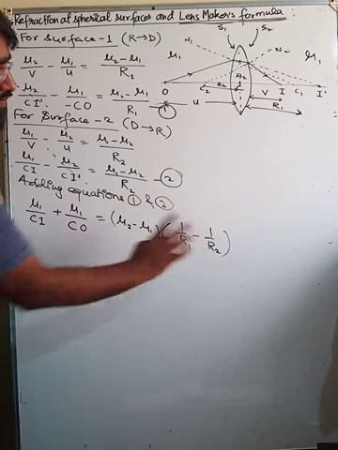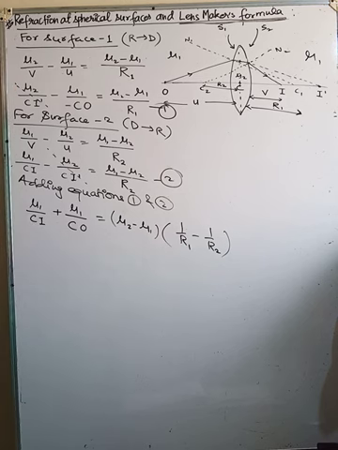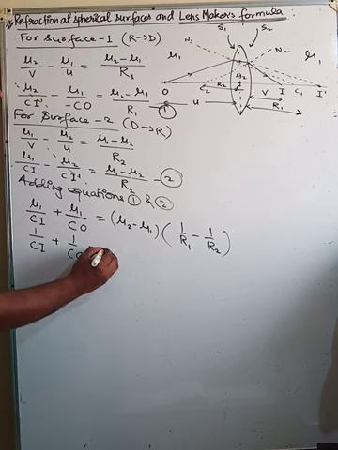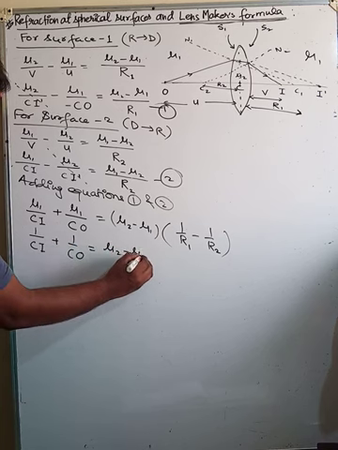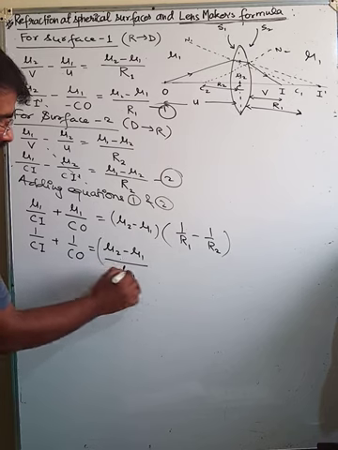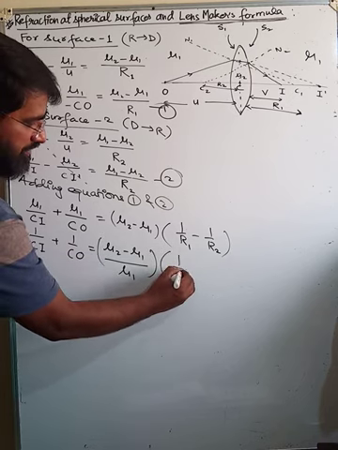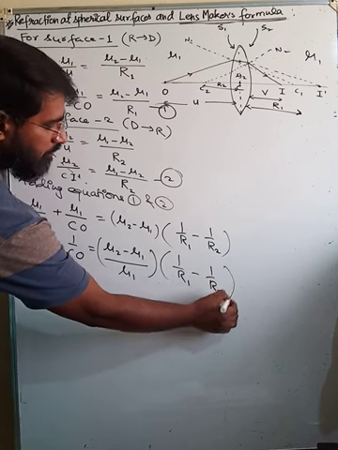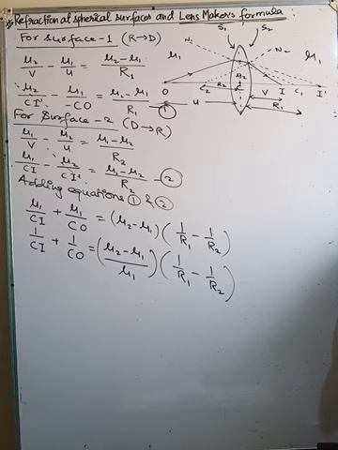Now mu1 and mu1 will be taken outside and divided. So we are left with 1 upon CI, 1 upon CO is equal to mu2 divided by mu1, multiplied by 1 upon R1 minus 1 upon R2.